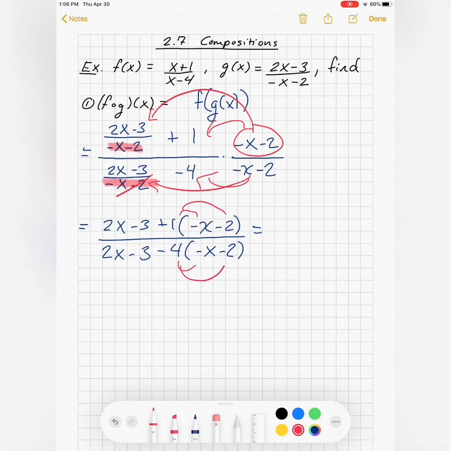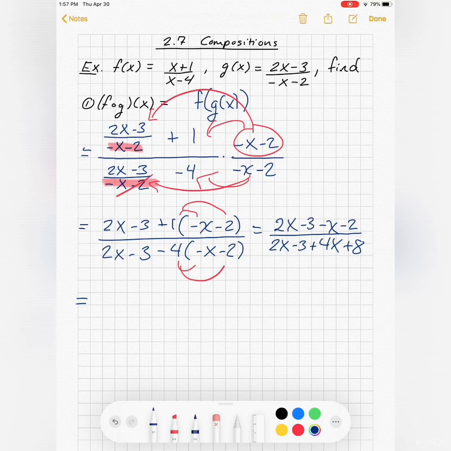Distribute those coefficients and combine the like terms. Make sure I got all that right. Okay, looks like it. So what are my like terms?